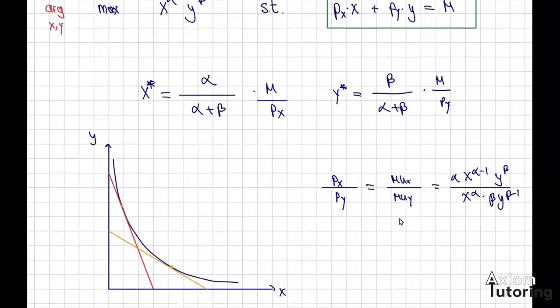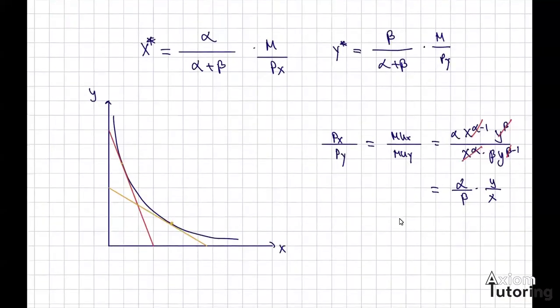What you can see here is that this x will cancel with this, and this bit will cancel with this. If you flip around the y to the minus 1, send it up to the numerator with a positive, and x to the minus 1, send it down with a positive, it's going to look like alpha over beta times y over x.